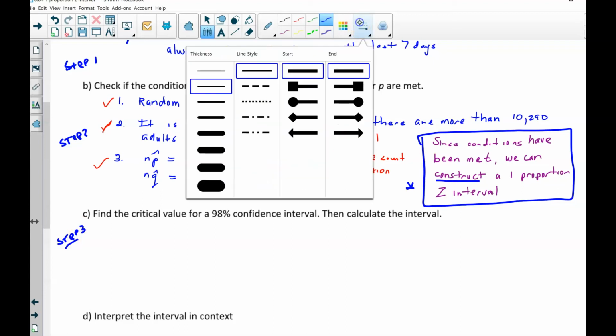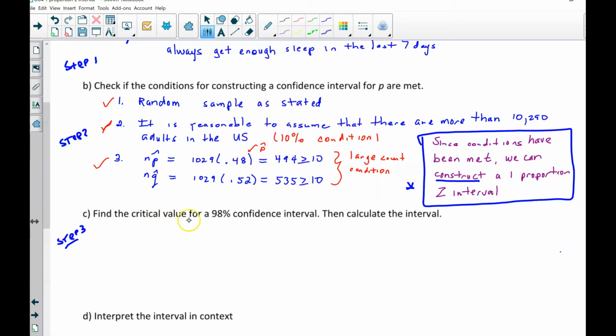Let me just get a thinner pen out here. So we want to find the critical value for the 98% confidence interval. Notice it's 98. So I'm going to change markers again. So I'm going to draw my bell curve, and the confidence level is 0.98, so we're looking at the middle 98% of a normal curve.